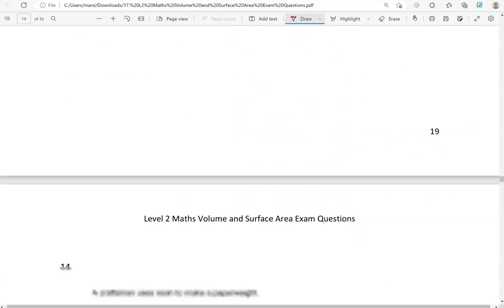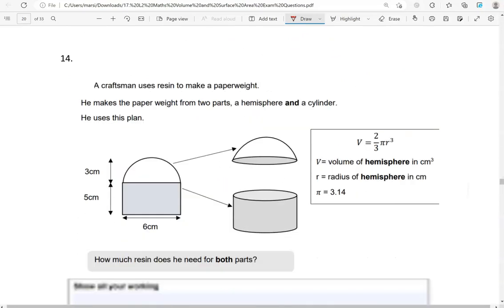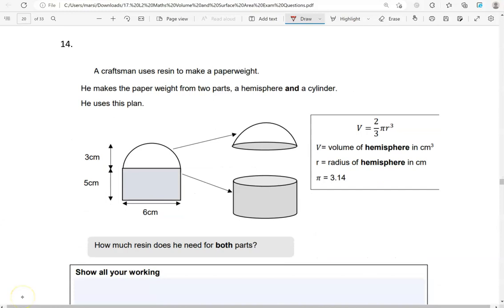A craftsman uses resin to make a paperweight. He makes the paperweight from two parts, a hemisphere and a cylinder. He uses this plan. How much resin does he need for both parts? Show all your work. So we're going to work out the volume of both of the shapes.